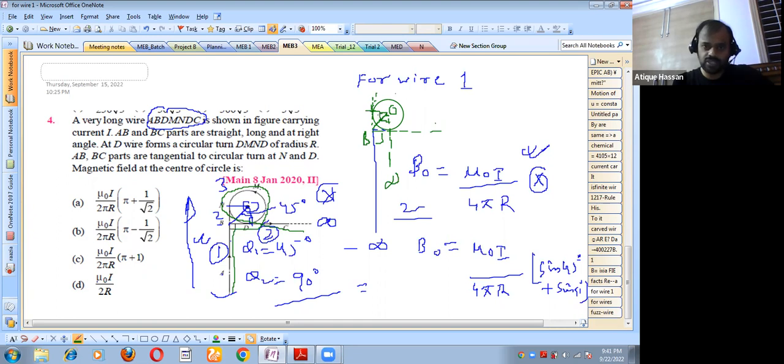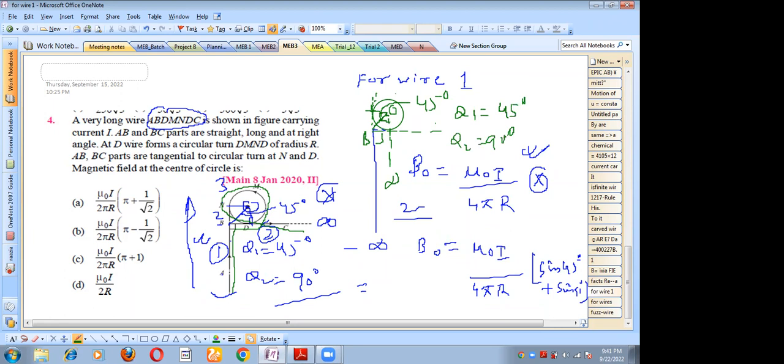So we have to see this angle, and this angle is actually 45 degree. Getting my point? So theta 1 will be 45 degree and theta 2 is obviously 90 degree. The situation is like this. Understood?